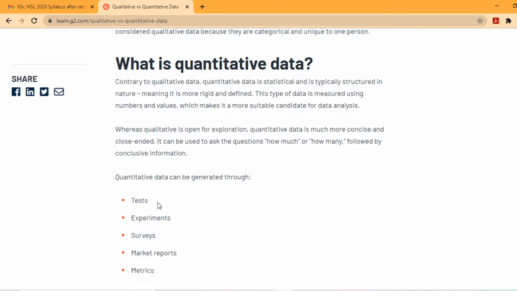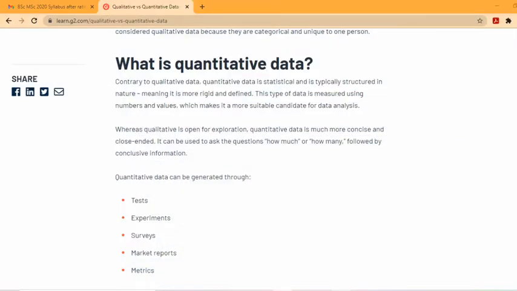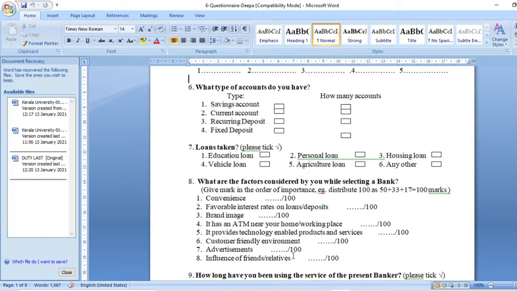How can we take the quantitative data? We can conduct experiments. For example, we can conduct a physics experiment and record the observations. We can conduct surveys using questionnaires. You can have the answers and there will be some numbers for all the answers.